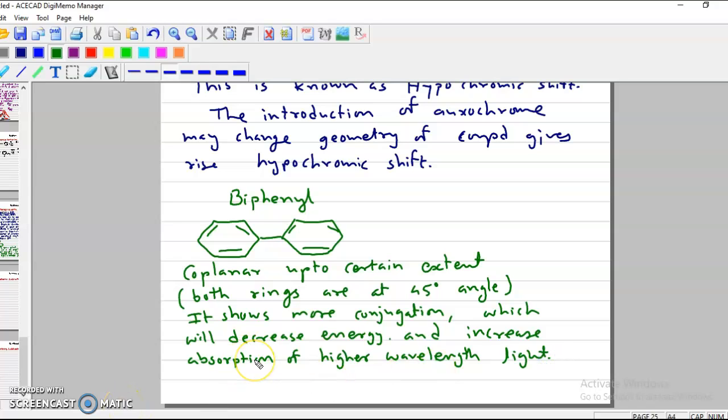So lambda maxima of biphenyl is about 250 nanometer. It is colorless. Epsilon maxima is 19,000. That means the height of the lambda maxima graph of biphenyl will be very, very high.